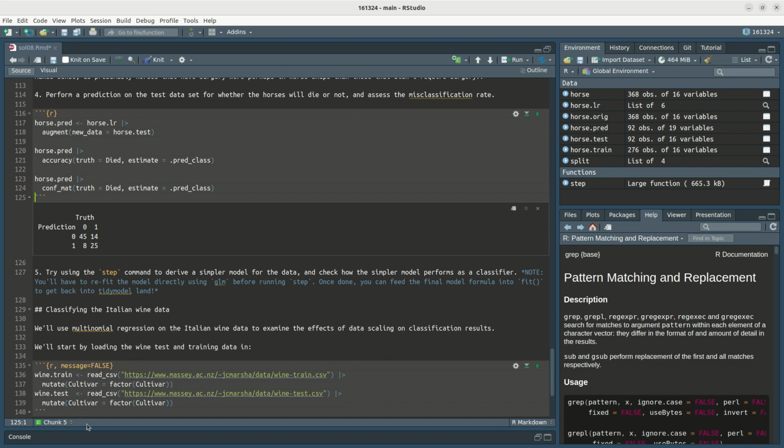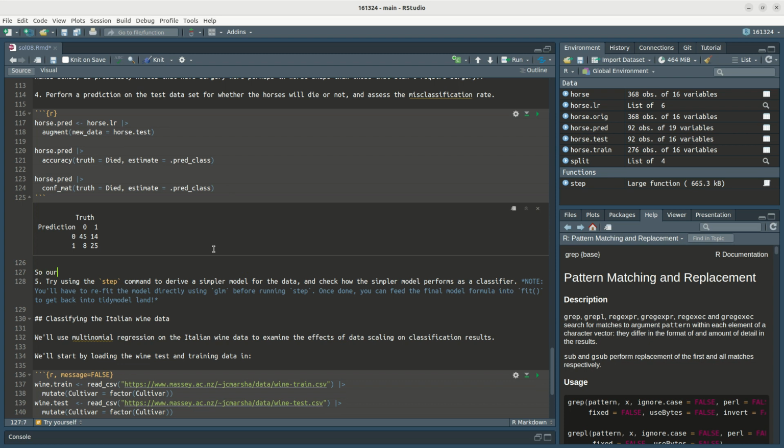As well, and we can see that we're getting slightly more of the ones that died wrong than we are getting the ones that don't die. The one is died. Our overall accuracy rate is 76%.